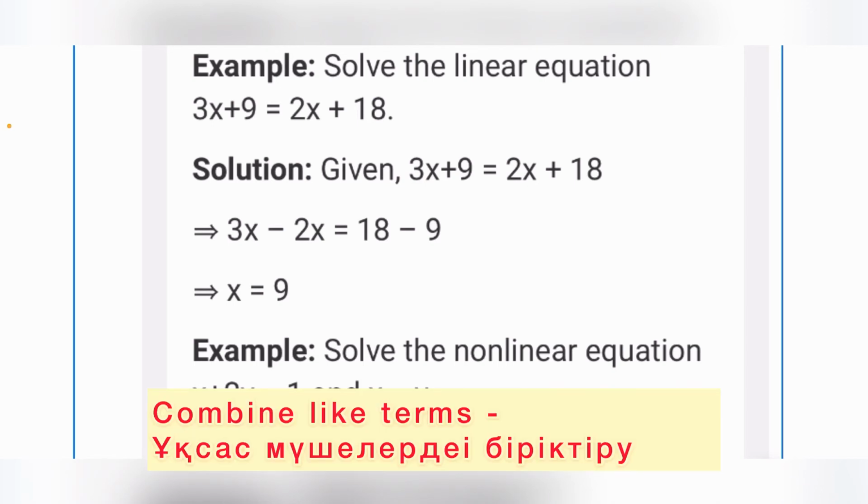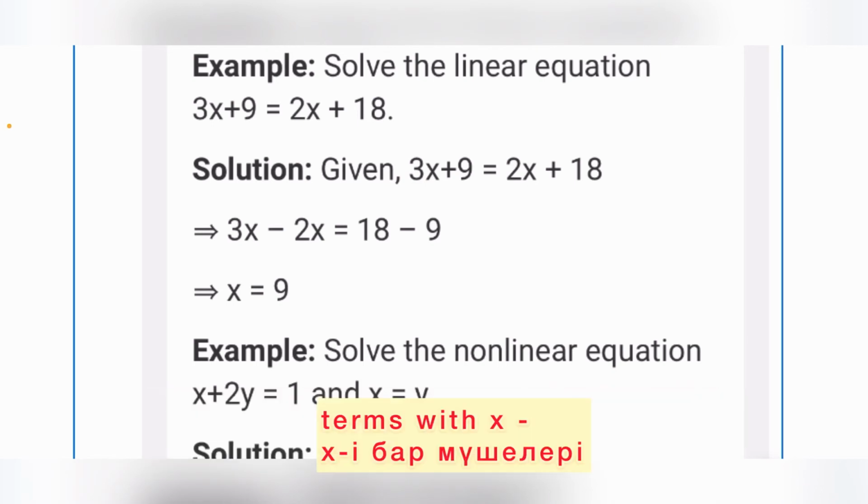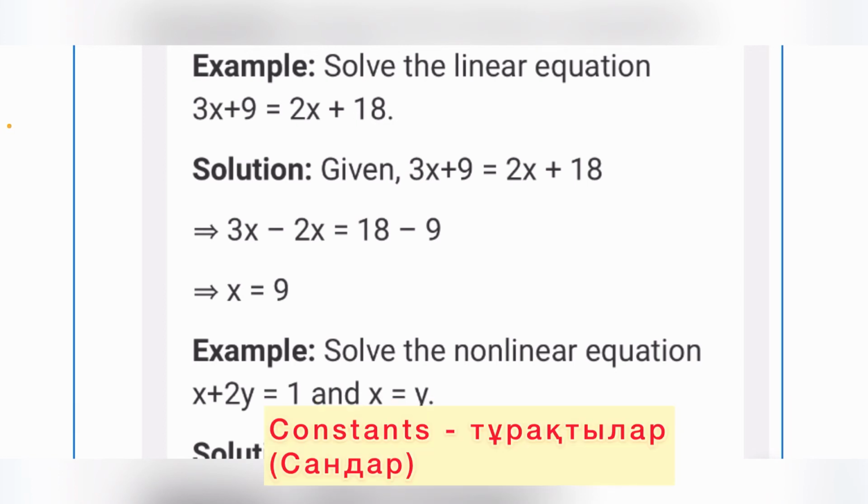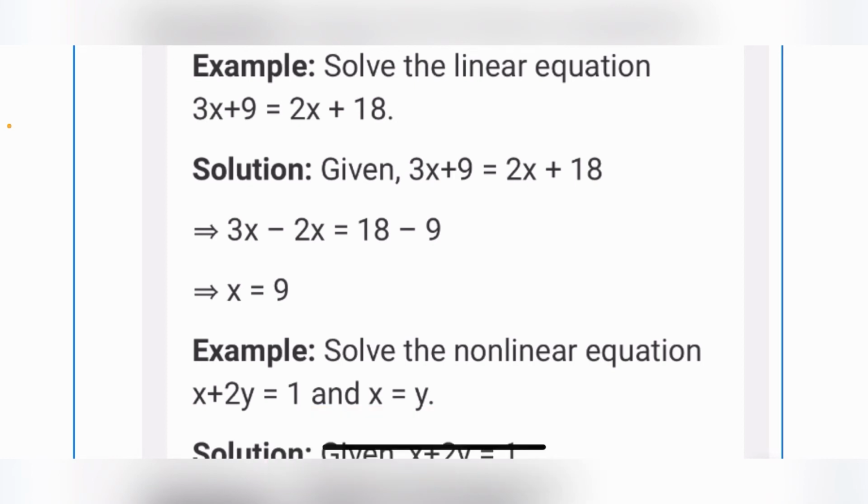We collect terms with x on the left side and constants on the right side. So 3x minus 2x equals 18 minus 9. It gives us x equals 9. So the solution of our equation is 9.